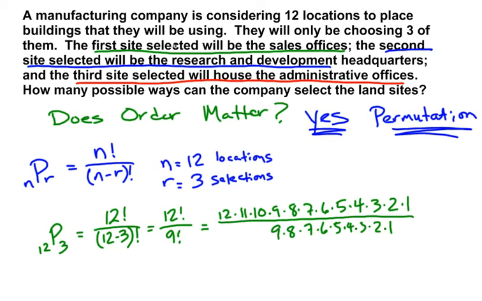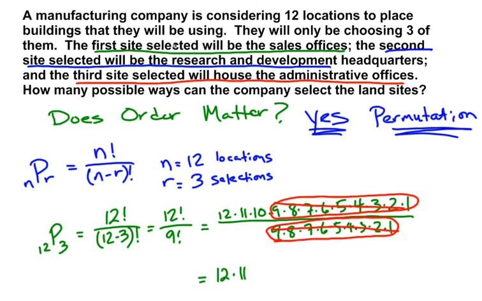If we look, we see that we have 9, 8, 7, 6, 5, 4, 3, 2, 1 on the bottom here, and we also have it on the top. And since we're dividing, we can just cancel those whole things out. So what that ends up leaving us with is the value that we get from 12 times 11 times 10.